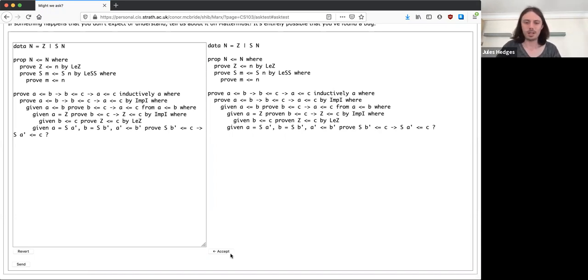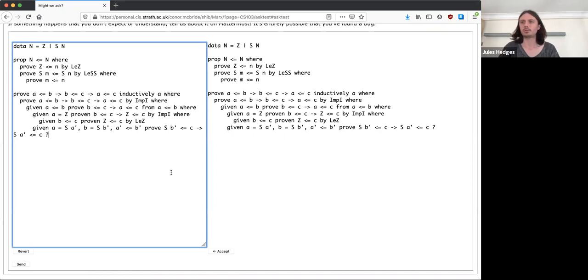Now in the other case, if A less than or equal to B was proven using LESS, then we get our two equations and an inequality. And Ask has substituted for A and B these two equations in our goal.